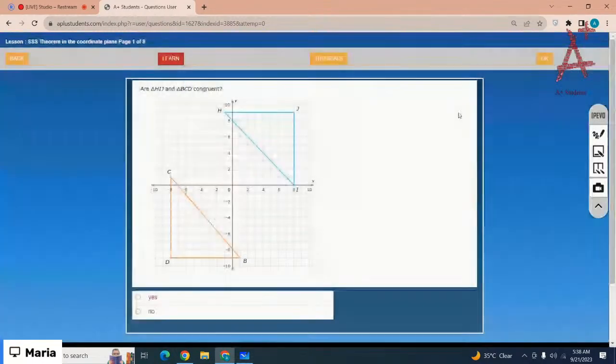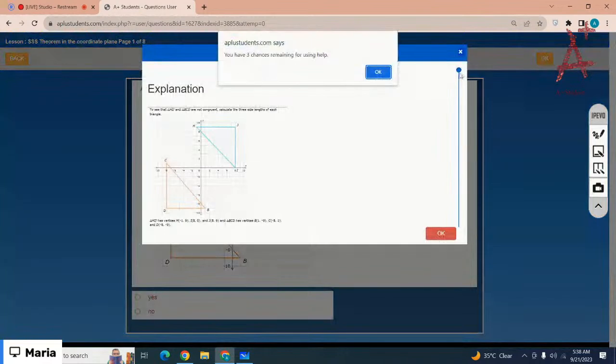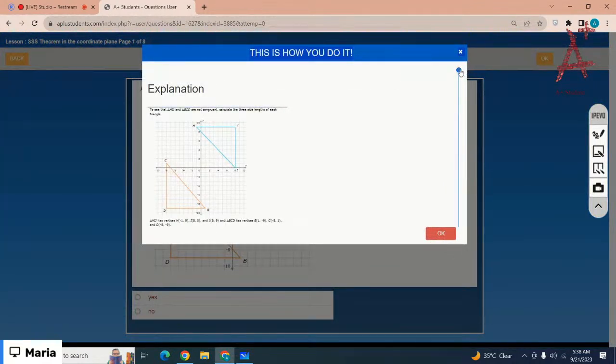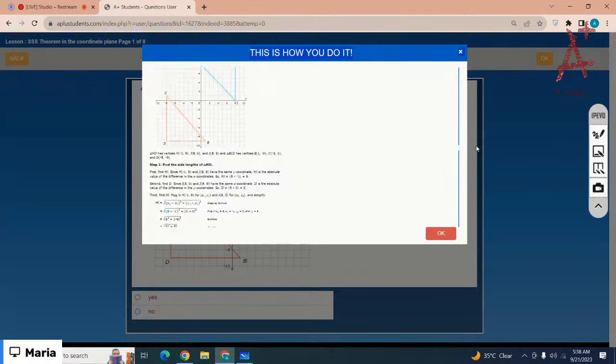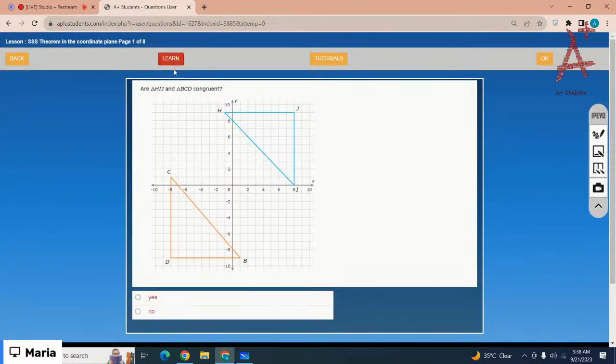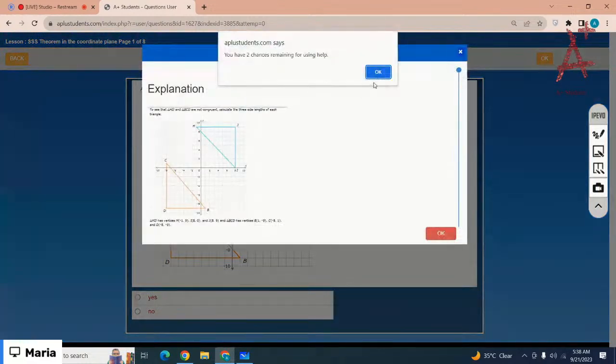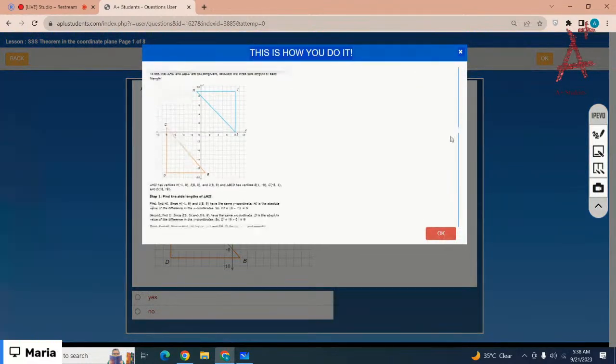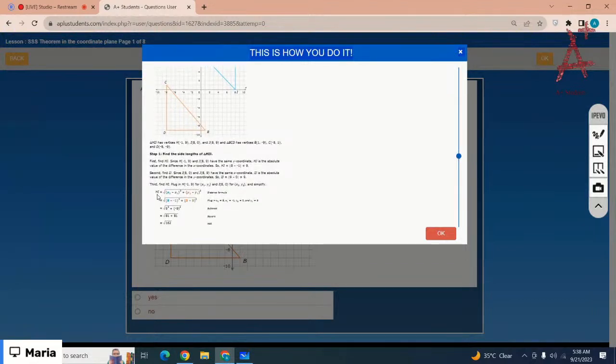Find the side length of triangle HIJ. Find HJ. Since H and J have the same y coordinates, HJ is the absolute value of the difference, that is 9. Then IJ is also 9. Find HI and you have to calculate HI.